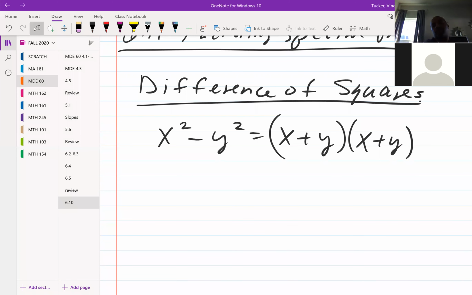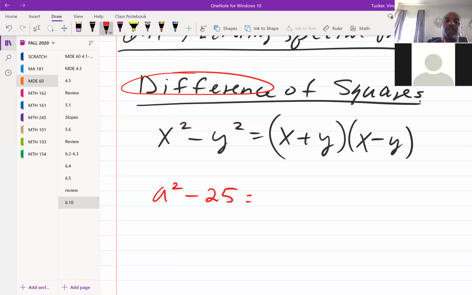All right, so the difference of squares. X squared minus y squared is equal to x plus y times x minus y. So if I have a squared minus 25, what this is saying is that if I have two perfect squares being subtracted from each other, difference means subtraction.